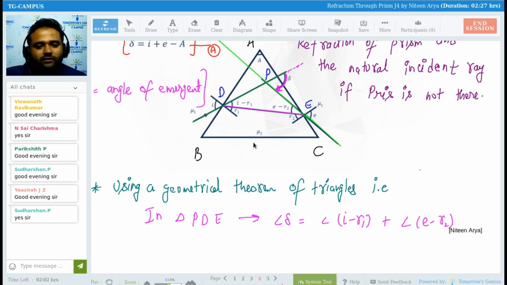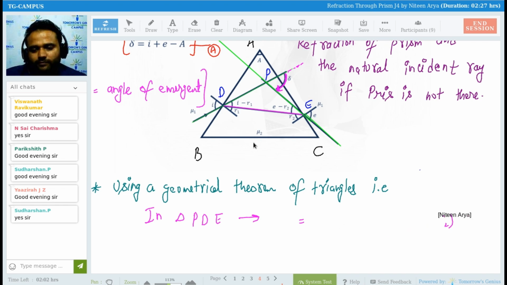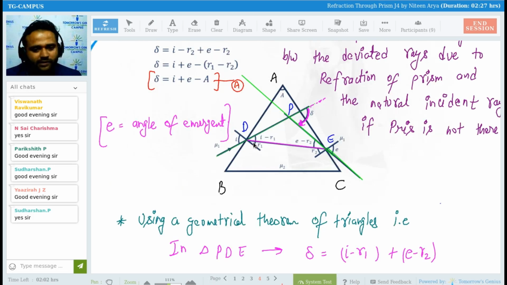Or simply you can say, with the word angle removed because then you are going to get confused, that angle of deviation is i minus r1 plus e minus r2. Simple. So that is one piece.